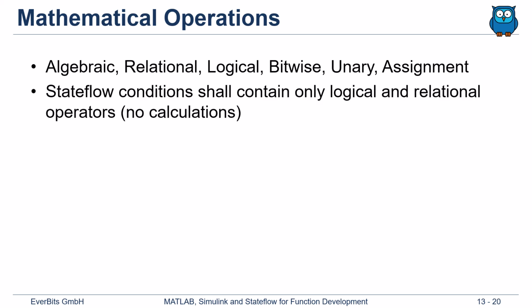This is the assignment. Stateflow conditions shall contain only logical and relational operators, no calculations. If you want to have a calculation, you should introduce a local variable instead, calculate your stuff, and then use that local variable in the condition. Why is it so important?